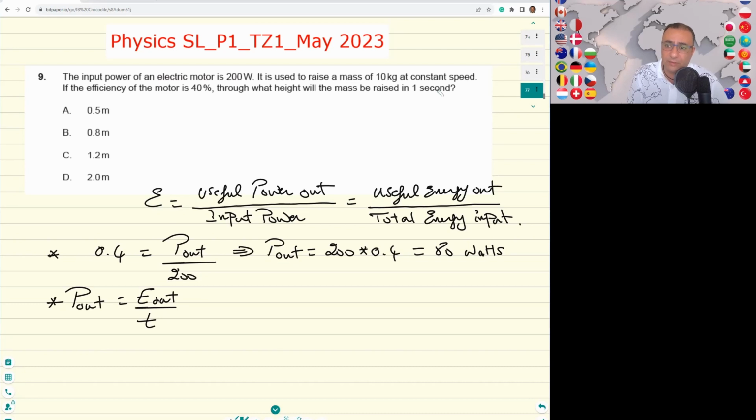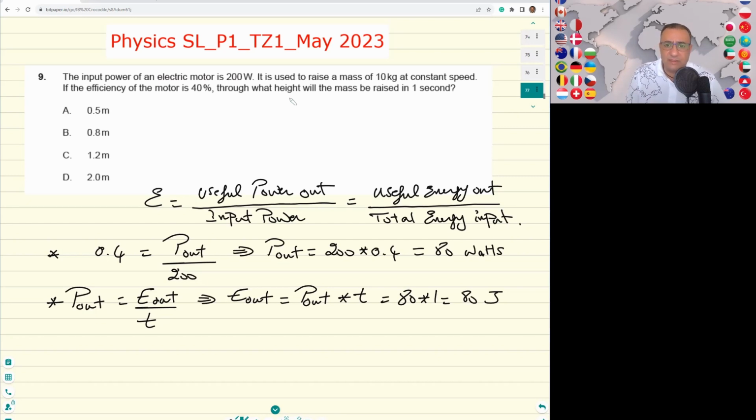But here, since we talk about 10 kilograms, the constant speed, and we need the height, you may think of the change in the gravitational potential energy. So we can find the output energy: the energy out is the output power multiplied by the time, which is 1 second. So 80 multiplied by 1, we are looking at 80 joules.